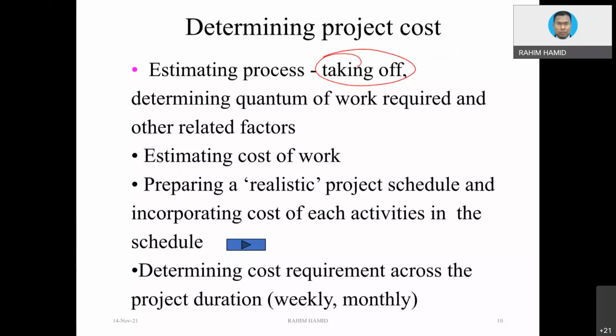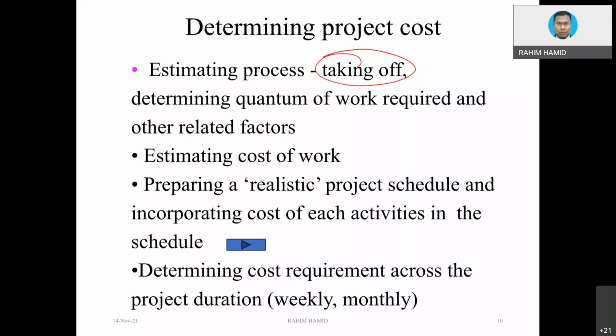So if you are a QS, for instance, you have to do the taking off even during the tender stage, because you need to report to the client how much the cost would be roughly, based on a certain design. So that is always the convention. Whenever the architect and engineer come up with the design or changes of design, there will always be changes of cost. So the client always wants to know. Once the client agrees, then only you will proceed with the detailing.